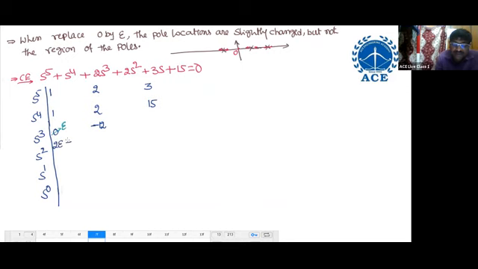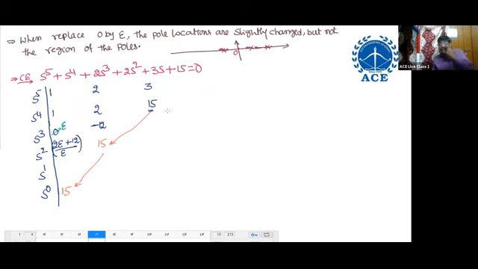Minus of minus means plus 12 by epsilon. Then the S power 0 coefficient: shift diagonally, here 15. Leave 1 column before 1 column, leave 1 row before 1 column.